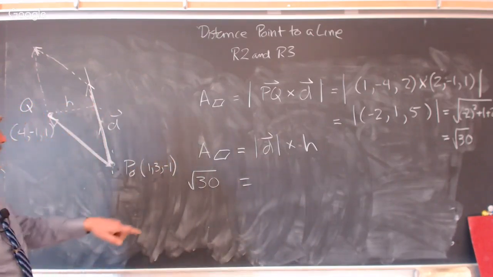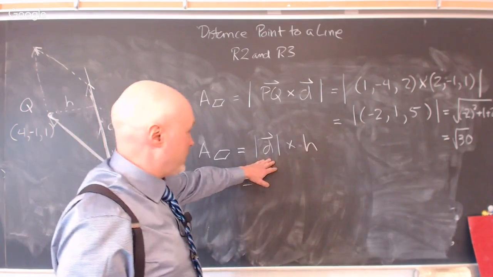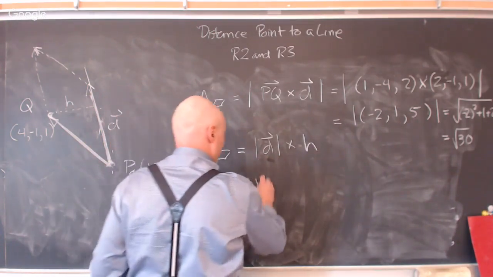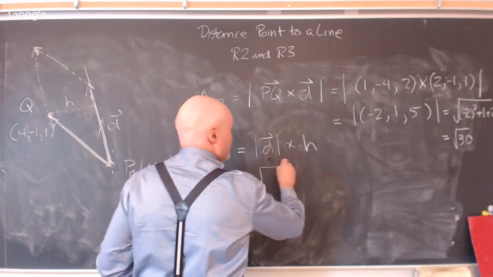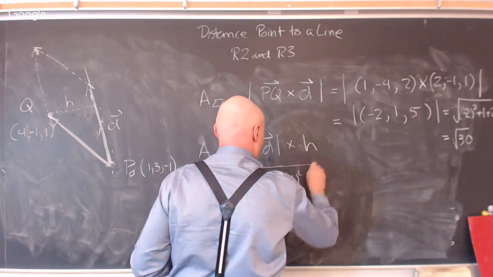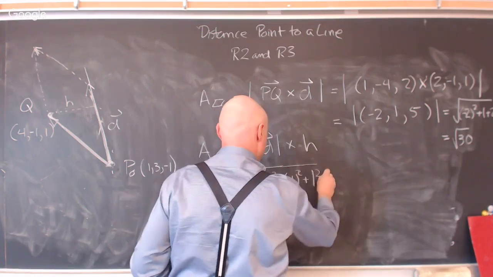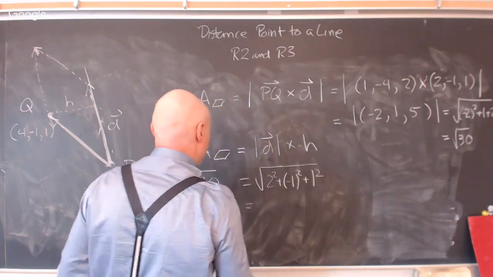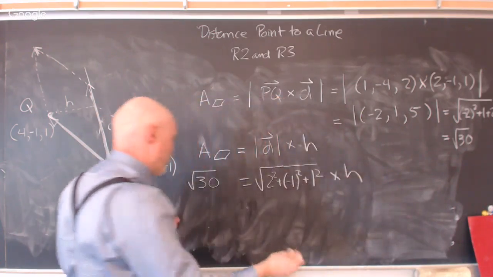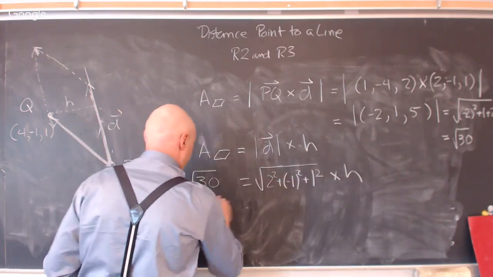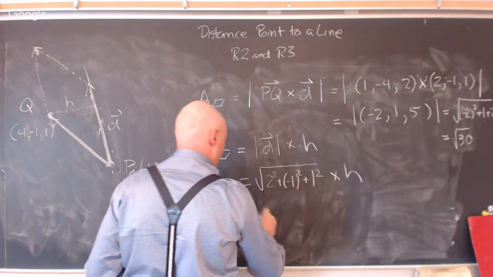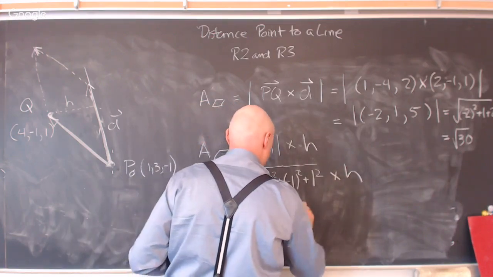Now I need to find the magnitude of the direction vector. I'm just going to use the good old square root of 2 squared plus -1 squared plus 1 squared, times my h, and I don't know what my h is yet. So this is the square root of 30, and this is 4 plus 1 plus 1, so the square root of 6 times h.